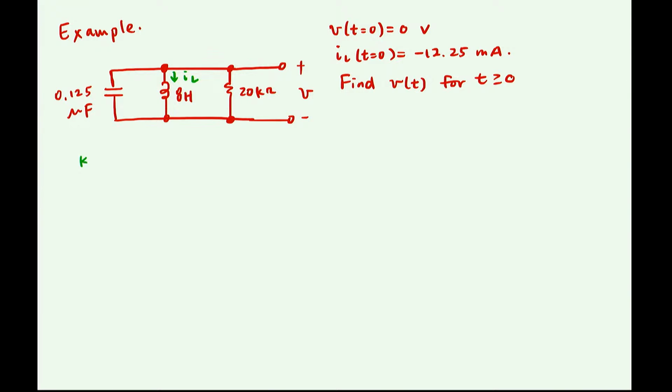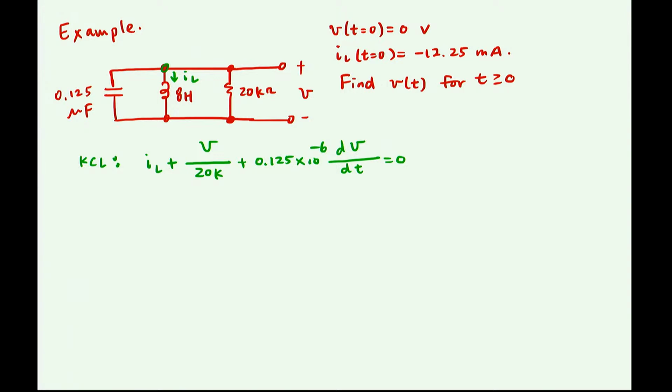From this I'm going to write KCL. Okay, so at this node we have 3 currents that sum up to 0. The current of an inductor, the current of a resistor, plus the current of a capacitor would sum up to 0.